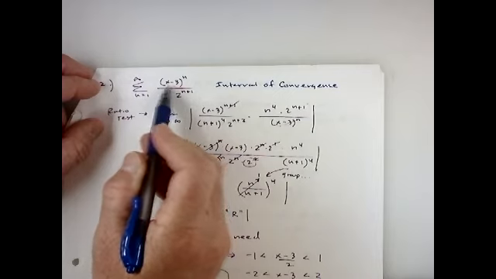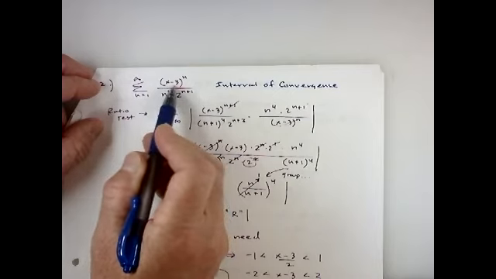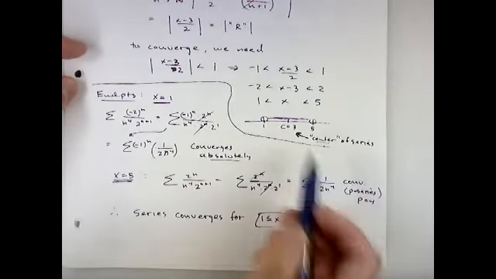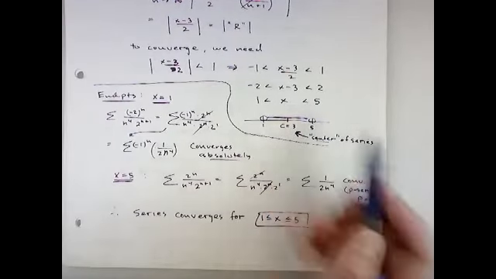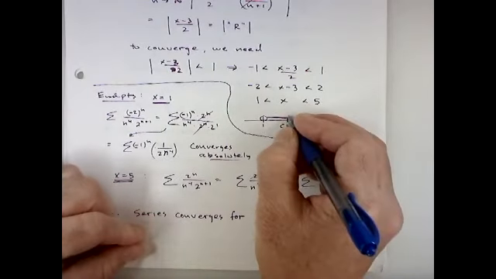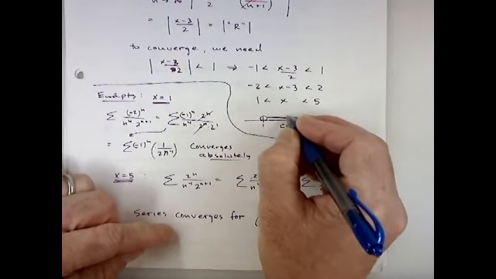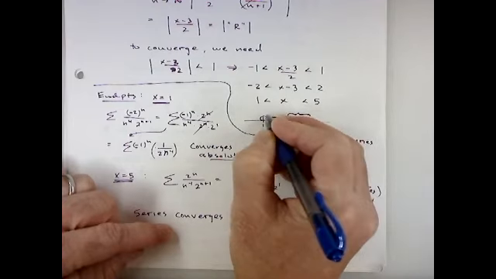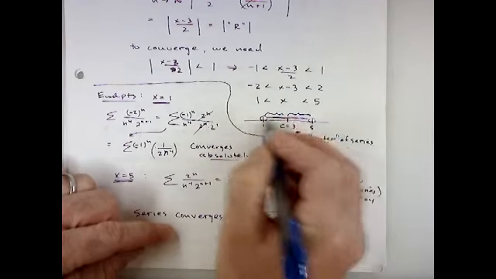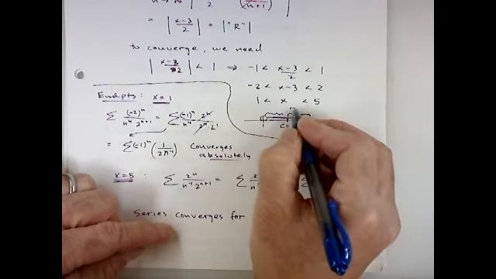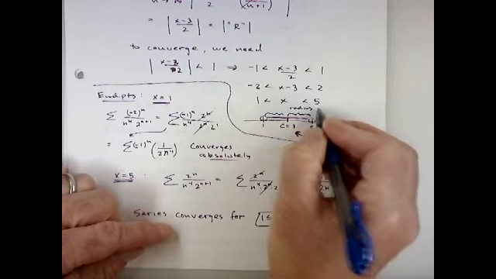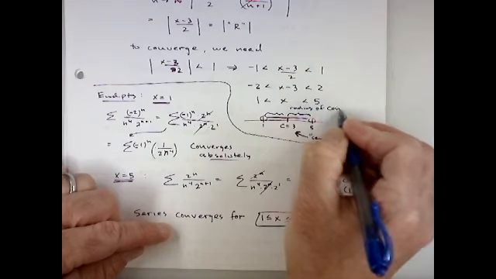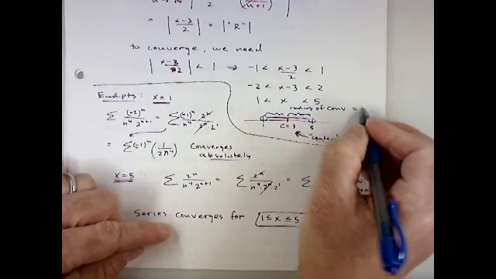So you can actually spot the center of the series by just looking at that right there. Okay. Now, and then also to be a little more clear on the radius of convergence, the radius of convergence is how far away from the center in either direction you can go. So the radius of convergence in this case would be 2.